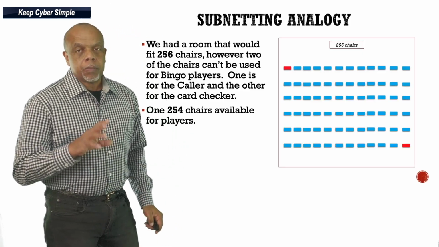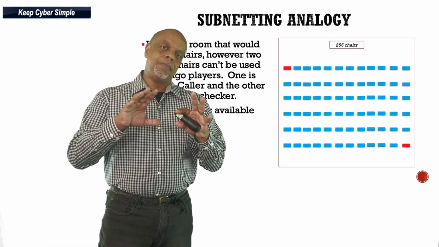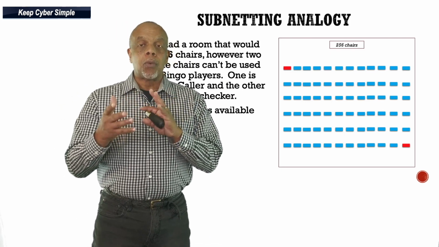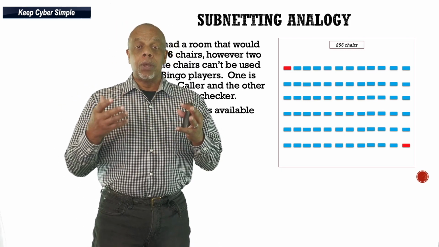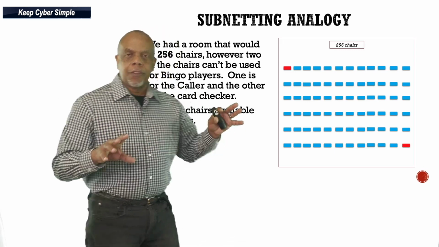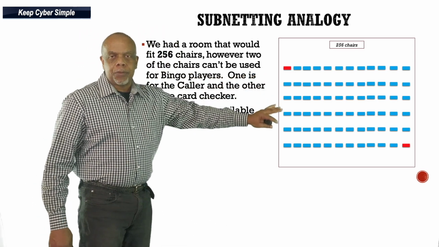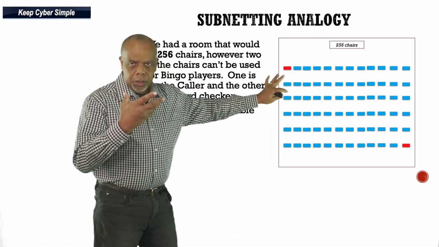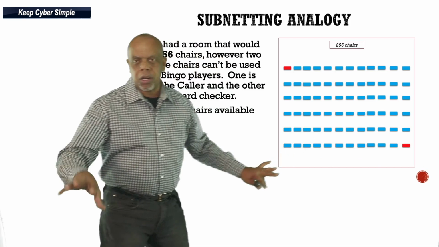Okay. So if you remember our analogy from our previous subnet masking refresh, we went through this analogy with bingo, right? The bingo hall. Well, we're going to still build off that, okay? If you remember, we had a room where we could have 256 chairs, and we had a caller, the guy who calls the bingo, and the individual who goes and checks the cards and people win.